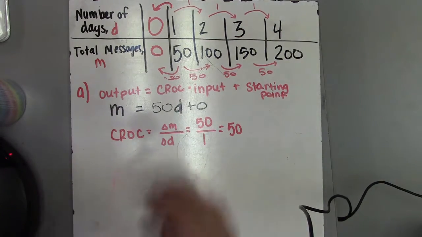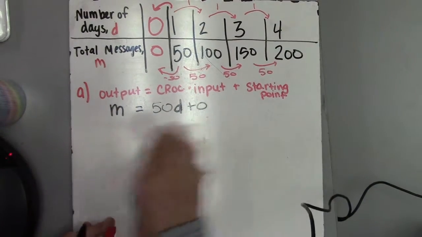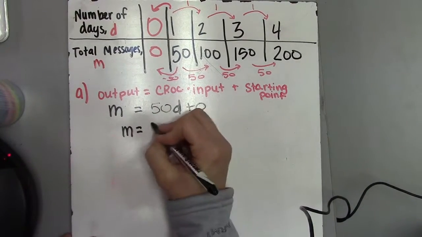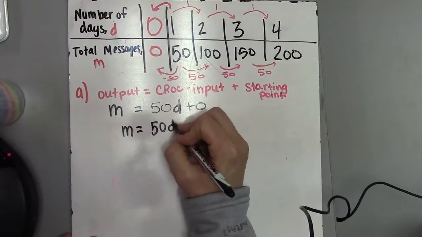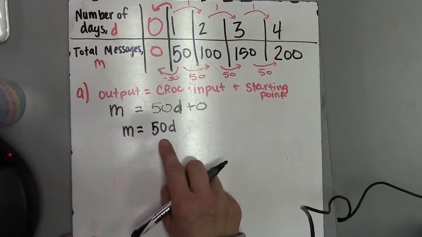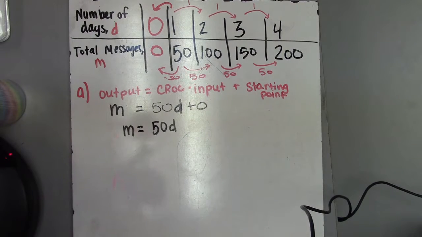We can also rewrite this equation, instead of having the plus 0, as M equals 50D, and because plus 0 is just going to be 50D, just leave it at that.